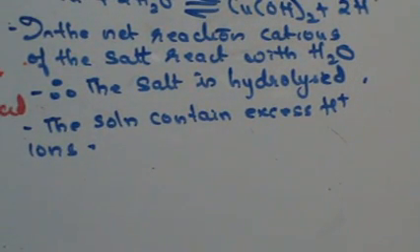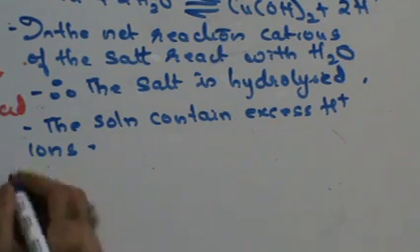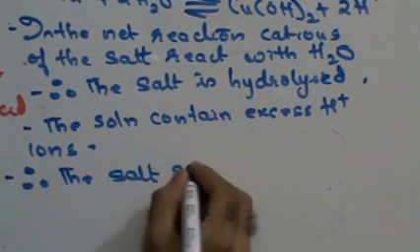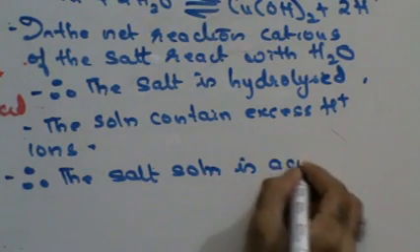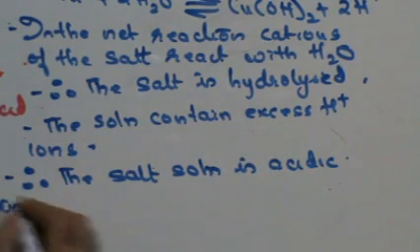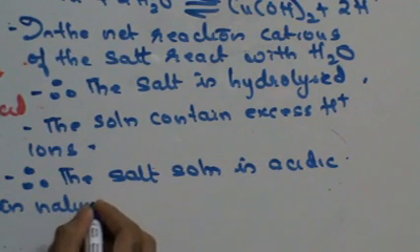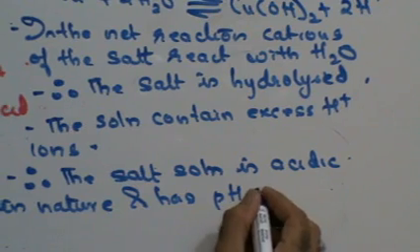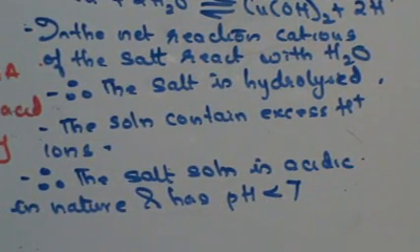Since the solution contains excess H+ ions, therefore I can say that the salt solution is acidic in nature and has pH less than 7. So this is how you have hydrolysis of a salt of strong acid and weak base.